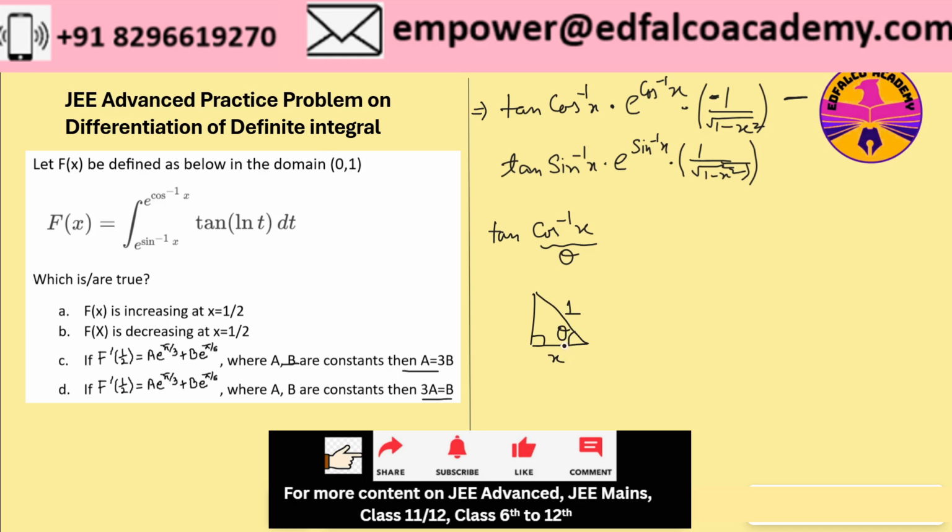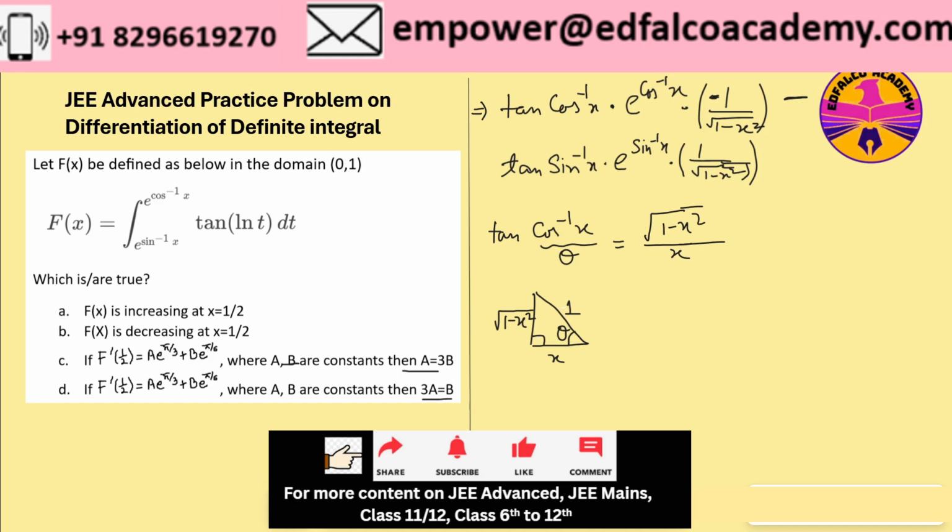And in this situation, my perpendicular will be root under 1 minus x square. So if I have to find tan of cos inverse x, which means tan of theta, from this diagram you can see that tan of theta will become root under 1 minus x square upon x.